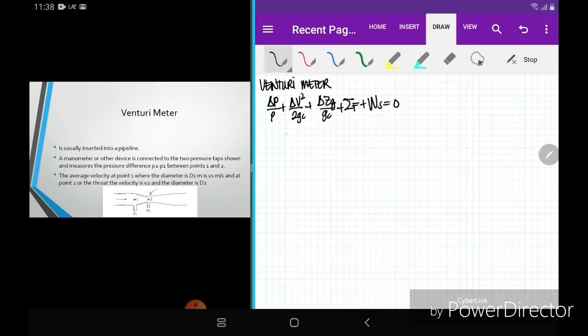Okay, again for venturimeter, so ito pa rin yung system natin.